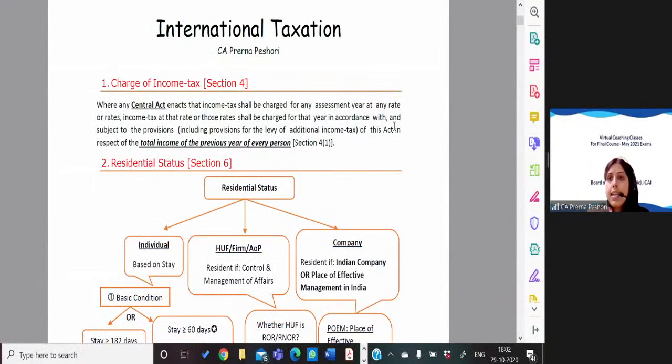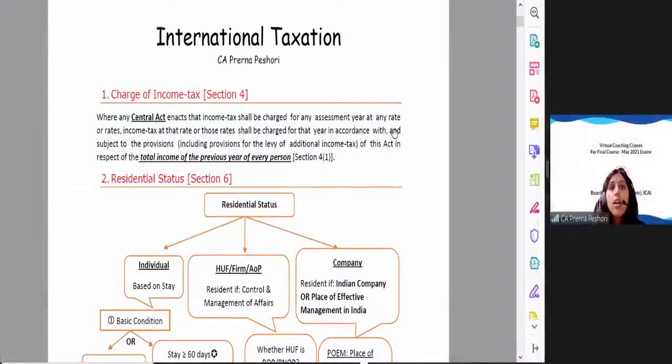Now, understand one thing: the income tax rates and the total income are decided based upon the category of a person, whether he's a resident or a non-resident. That is the reason why our charging section becomes very important.